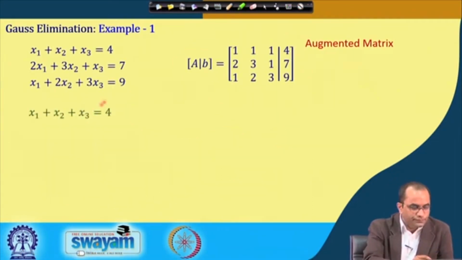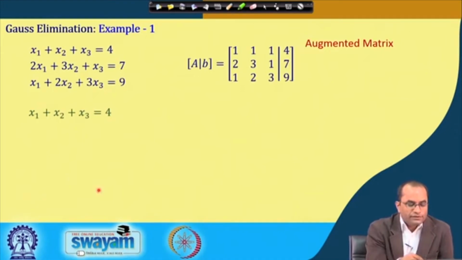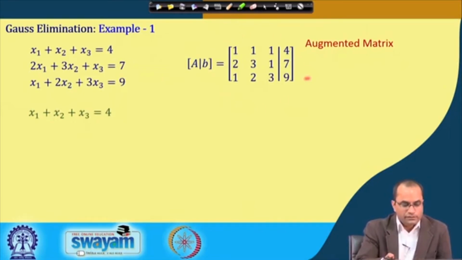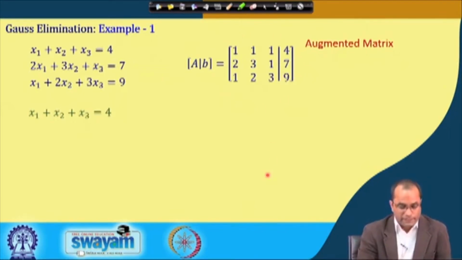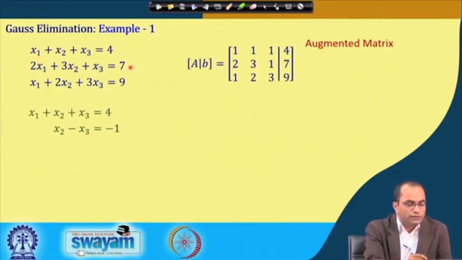Here, as I said, I will show everything with the equations, and then we will translate it into the matrix form of the Gauss elimination technique. Now, with the help of equation number 1, we are trying to eliminate the x1 variable from equation number 2.